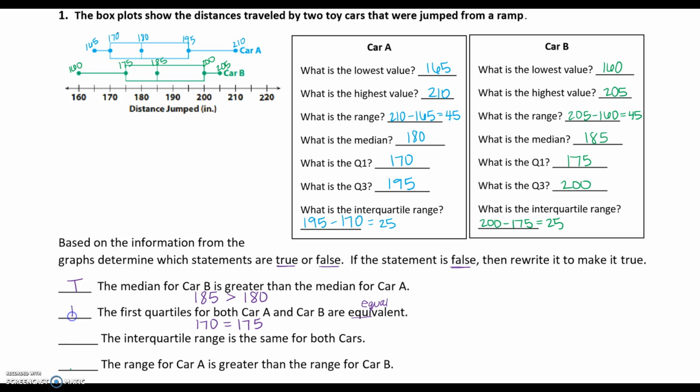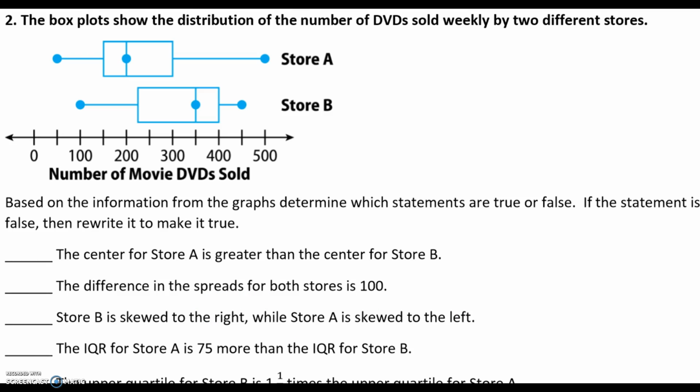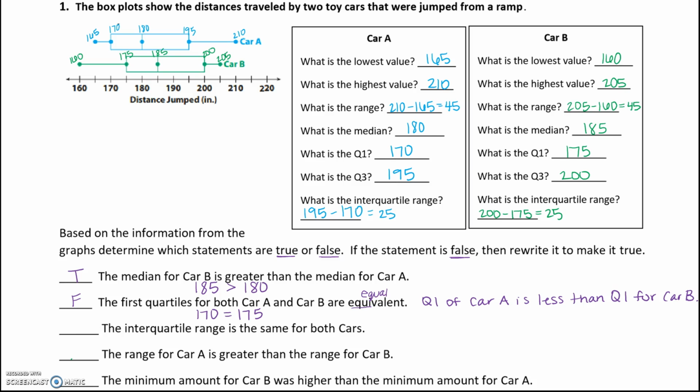No, that is false. So we need to rewrite it. So we can say the first quartile, so quartile 1 of car A, is less than quartile 1 for car B. Okay, fixed it.